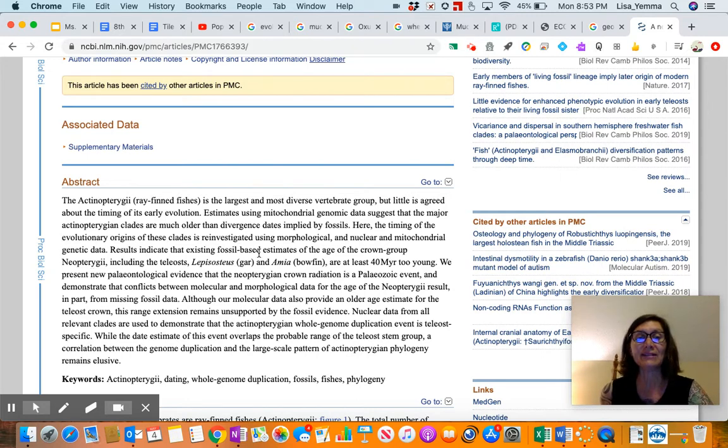Results indicate that existing fossil-based estimates of the age of the group Neopterygii, which include the gar and the bowfin, are at least 40 million years too young. And so in the scheme of geologic time, 40 million years is kind of a little when you're talking about 550 million years ago.